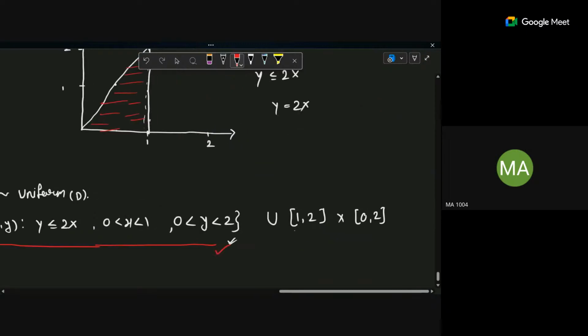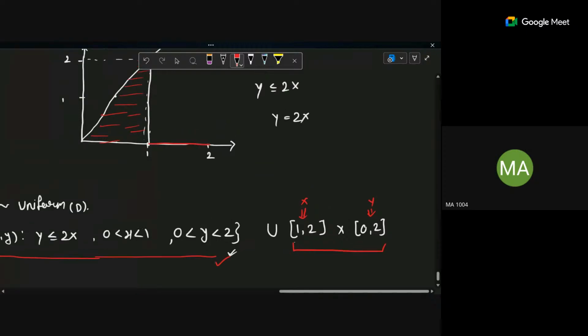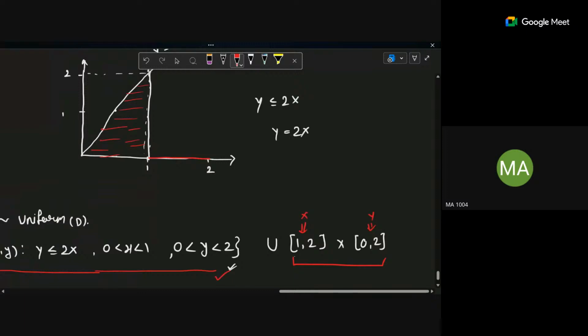Now let's move to this one. Here this first interval is for x, second interval is for y. So 1 to 2, that means it's covering this portion, and also it's covering 0 to 2. That means it's covering this whole rectangle, right? For y, it's covering 0 to 2.